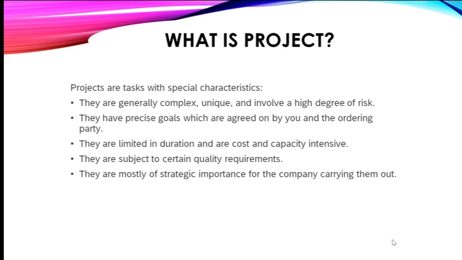And for these projects, quality requirements are very essential, and they also have some strategic importance for the company to carry out. Whatever projects are created in the company, they have some importance, and that is why the project is executed. So these are all different characteristics that are involved with the task of a project.